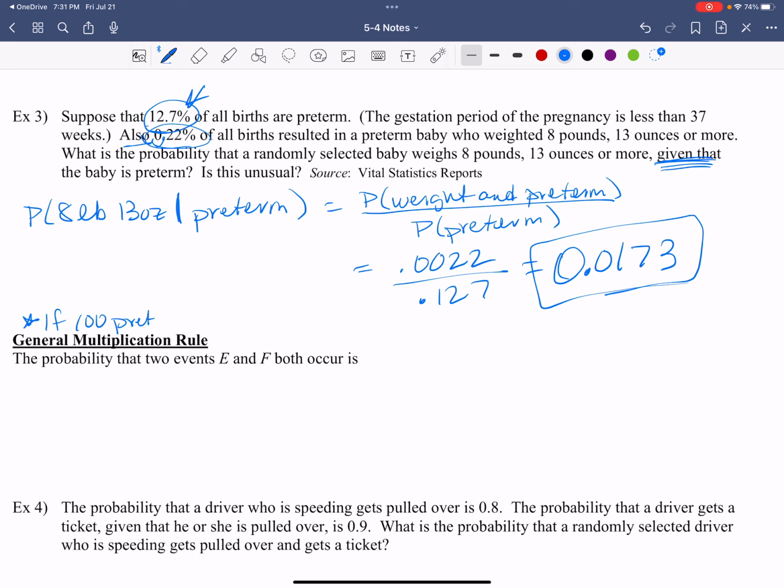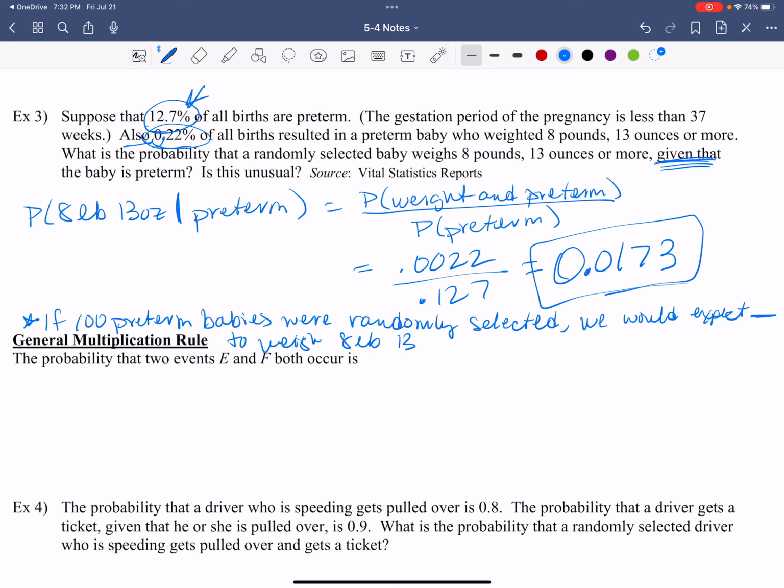Let's say if 100 preterm babies were randomly selected, we would expect how many to weigh 8 pounds, 13 ounces or more?